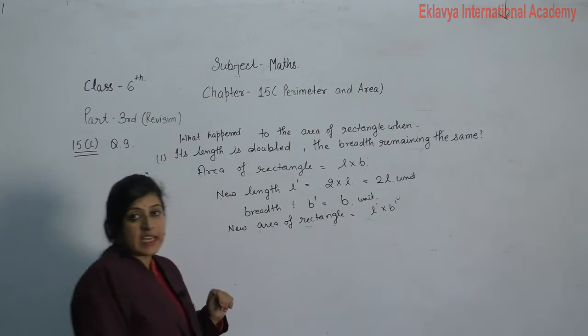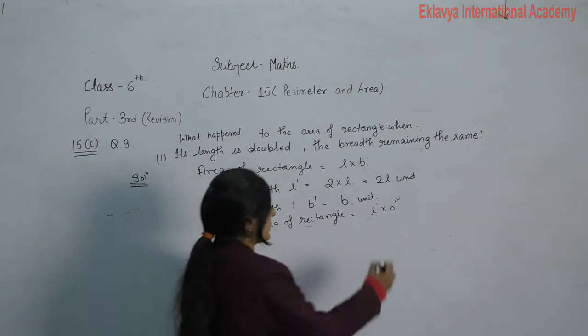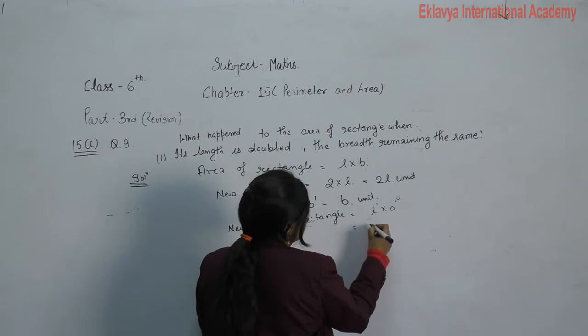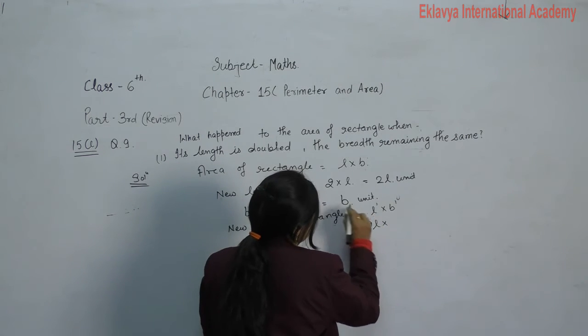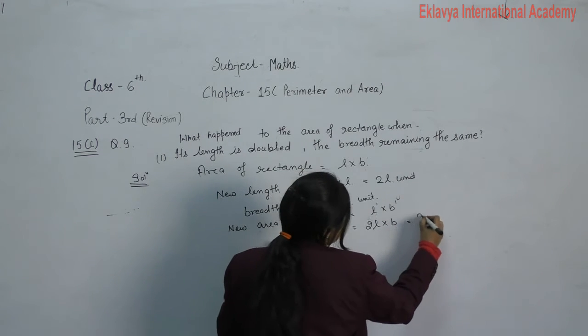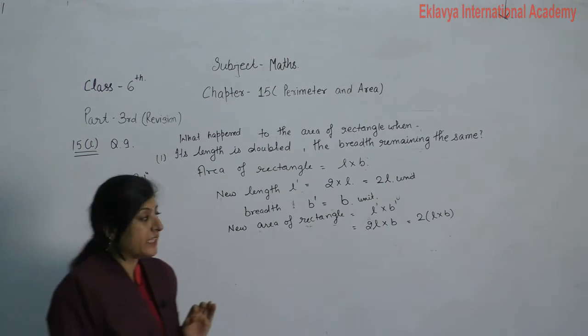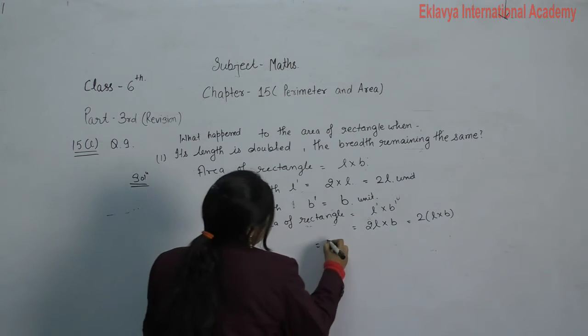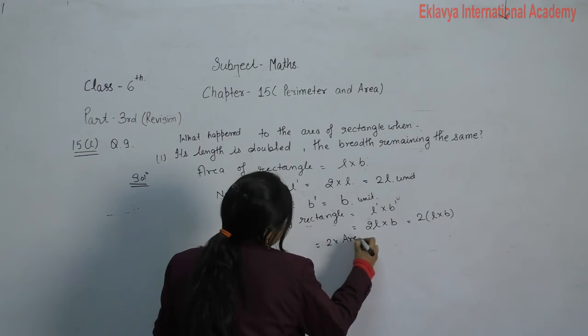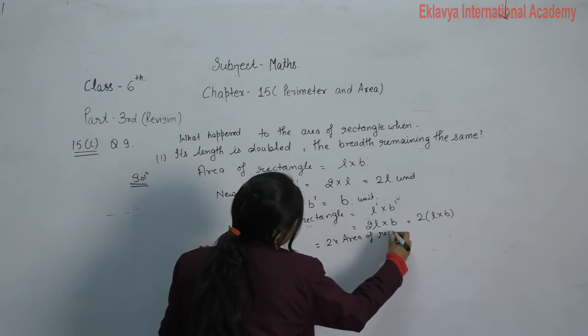Put the value of this L dash 2L, this one B. It means I can write 2 twice of L into B. It means 2 multiply by area of rectangle.